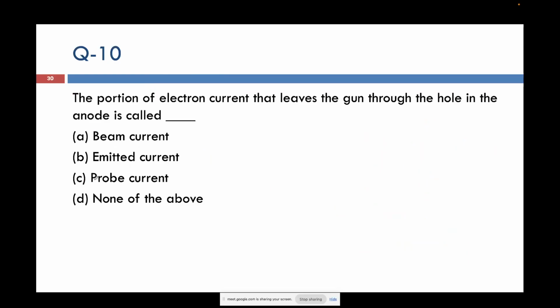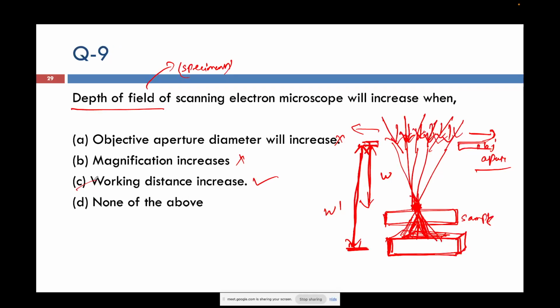Yeah, so this is about the current that I was talking about. We'll go through this quickly. A small question on the previous one: will increasing the working distance affect the resolution? Yes, that will affect it. That is why it is not always advisable to change the working distance.